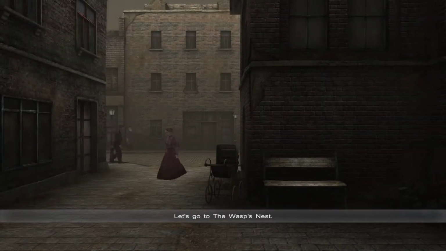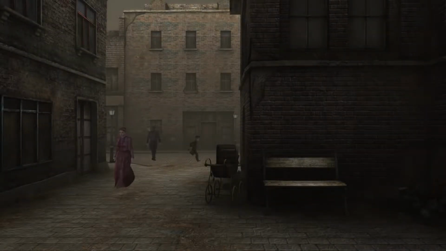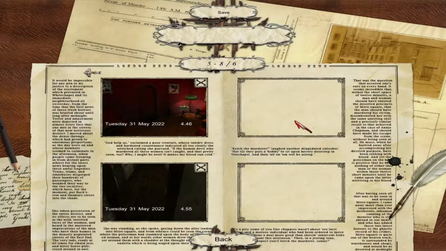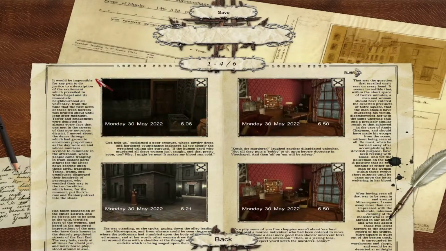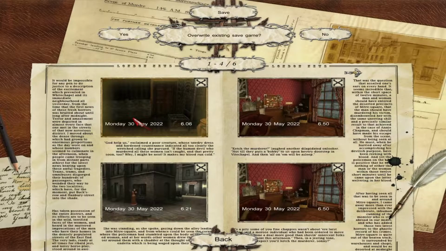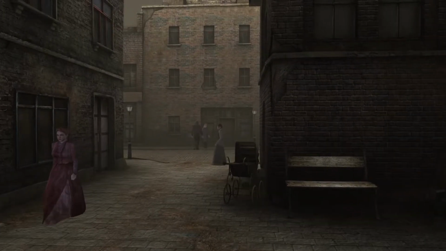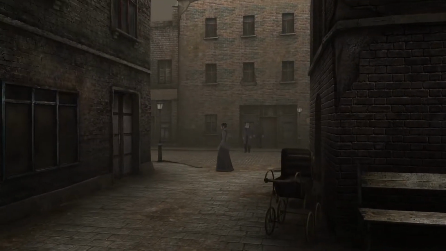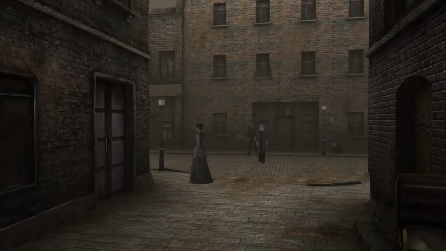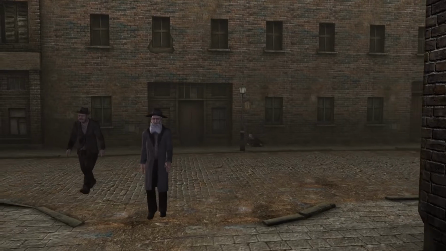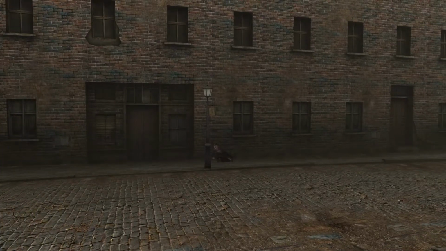Let's go to the Wasp's Nest. Yes. As I was saying, if I remember correctly, and I might be totally mistaken, or I'm mixing this up with some other serial killer, but one of the letters sent allegedly by Jack the Ripper to a reporter was written in what seemed like blood but was probably red ink.